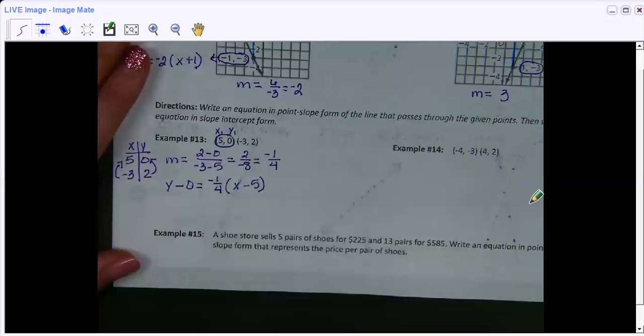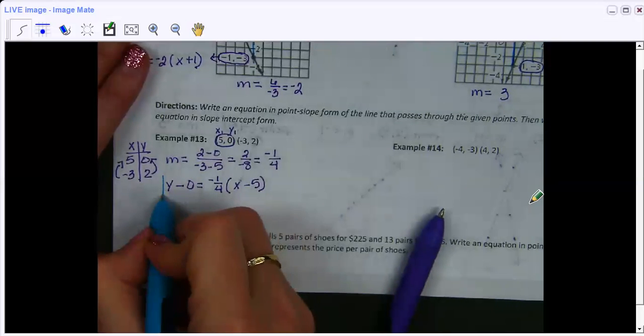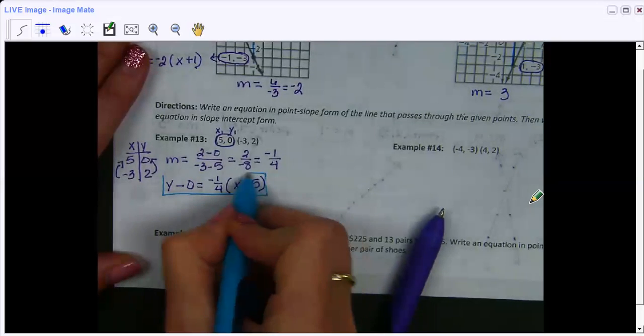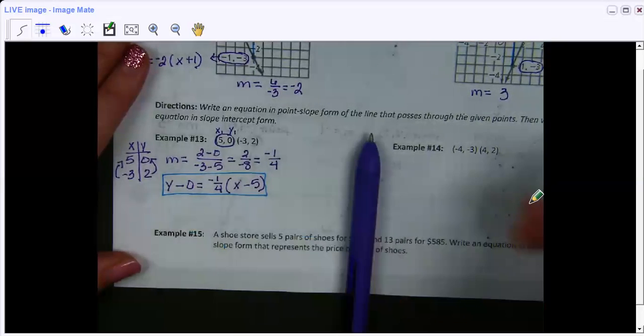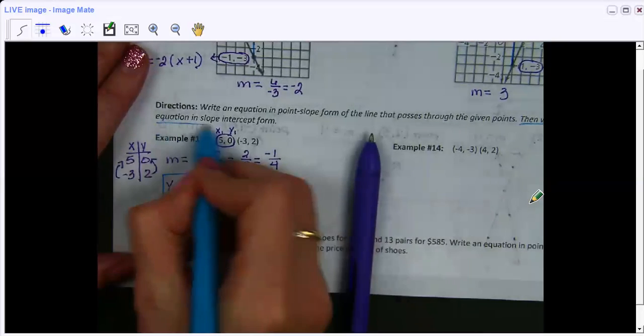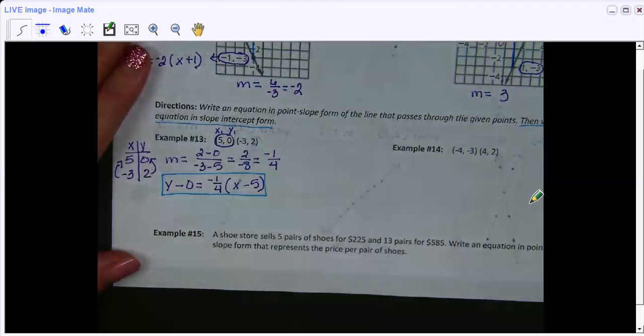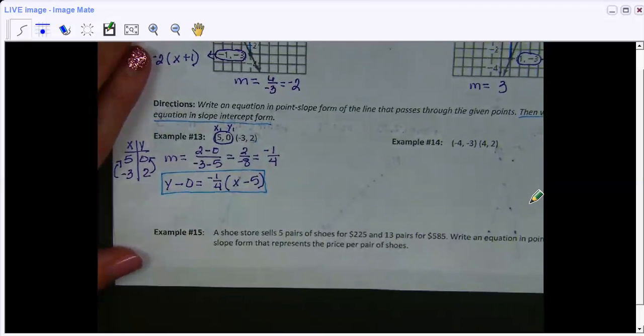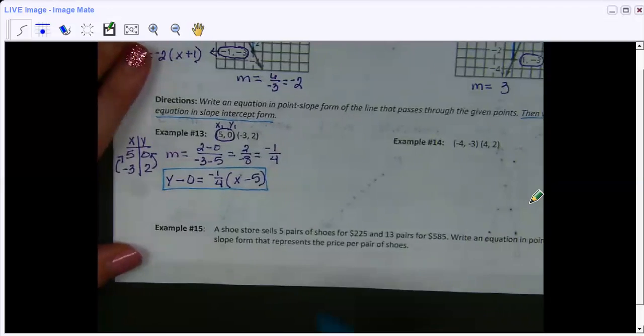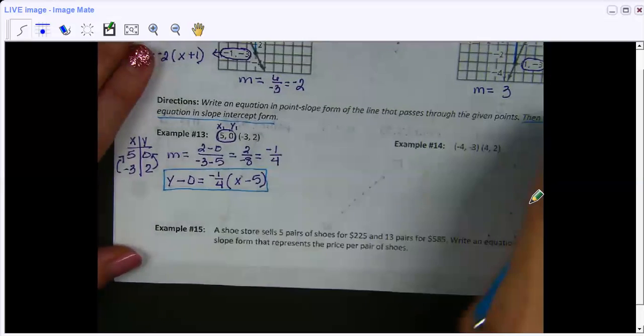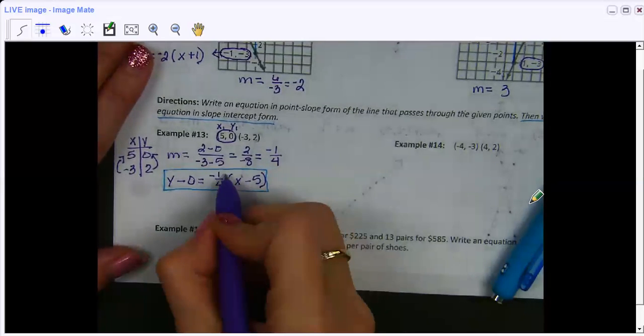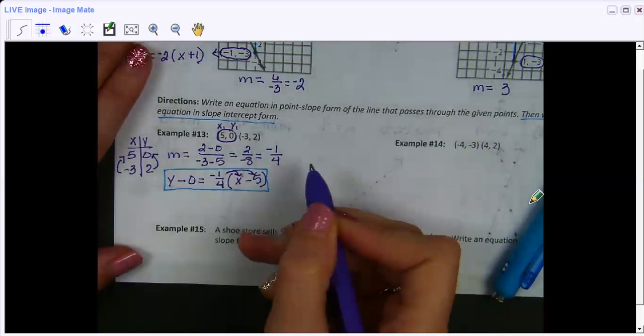Just using this point and the slope to plug it in. So this is my first answer. My second answer, because it says up here, then write the equation in slope intercept. So we now want to simplify it into slope intercept. Remember, the way that you do that is you distribute the negative 1/4 to the x and to the negative 5.